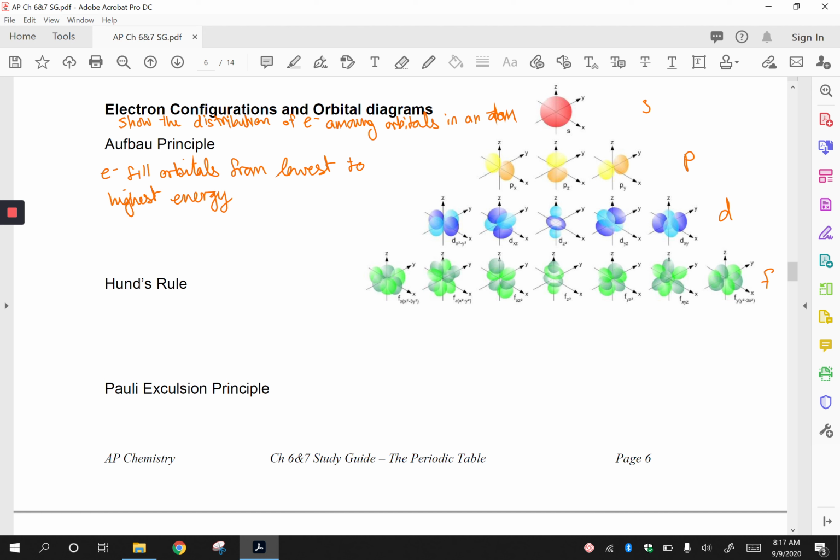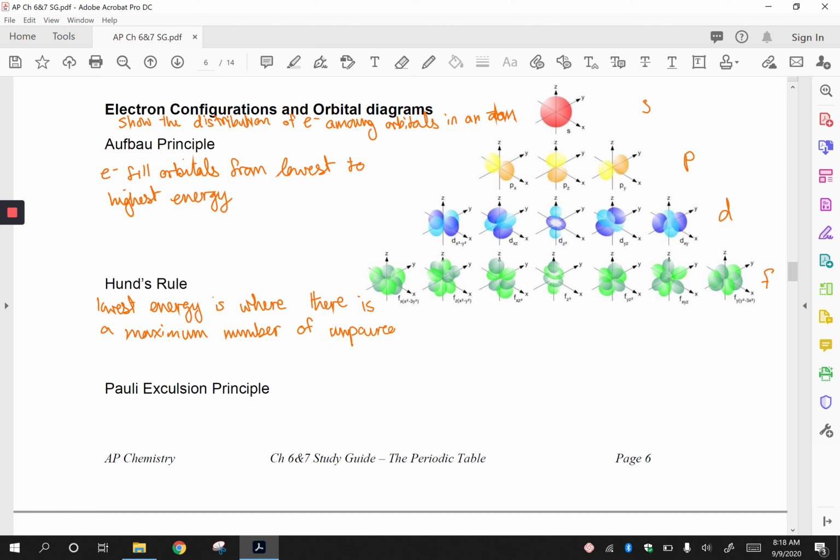Hund's rule says that we get the lowest energy when we have the maximum number of unpaired electrons.